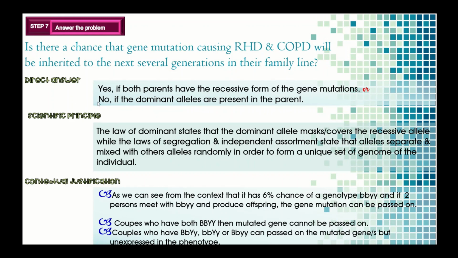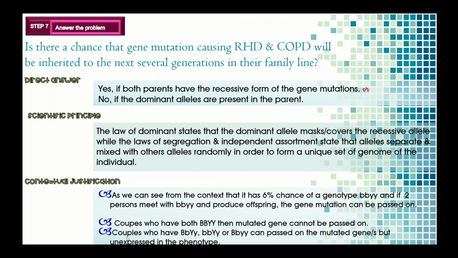If the answer is no, then it's couples who have both homozygous without COPD and RHD in their genotype, then the mutated gene cannot be passed on.